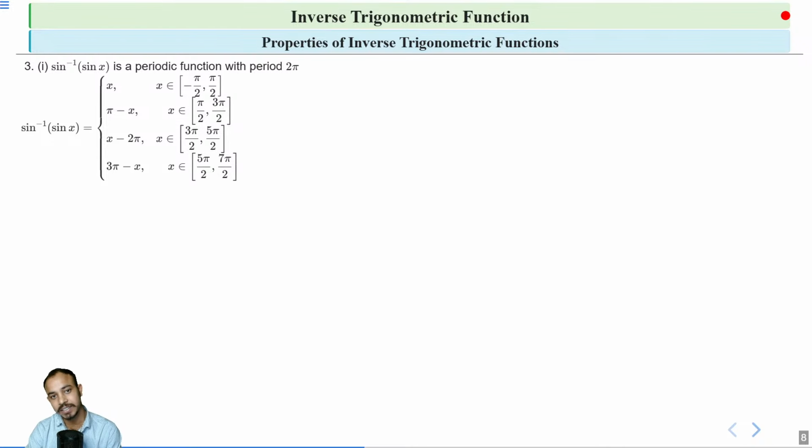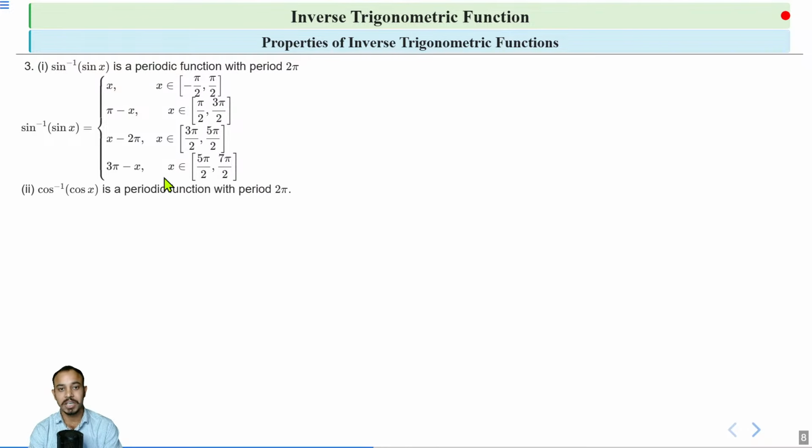When x lies in minus pi by 2 to pi by 2, sine inverse of sine x is x. Similarly, when x belongs to pi by 2 to 3 pi by 2, this is pi minus x. When 3 pi by 2 to 5 pi by 2, then x minus 2 pi. When 5 pi by 2 to 7 pi by 2, then this is 3 pi minus x. Okay, understand?